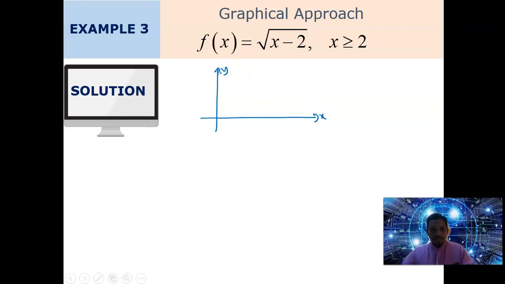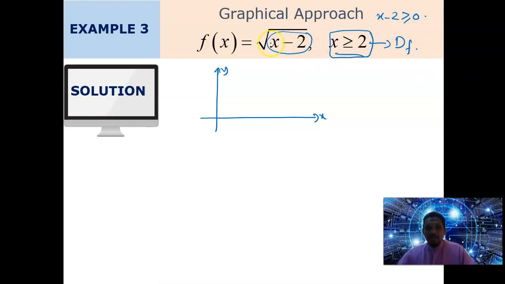Okay, y and x-axis. So as we know that x minus 2 can only be greater than or equal to 0, then we get this one. So class, automatically this is the domain of the function f.